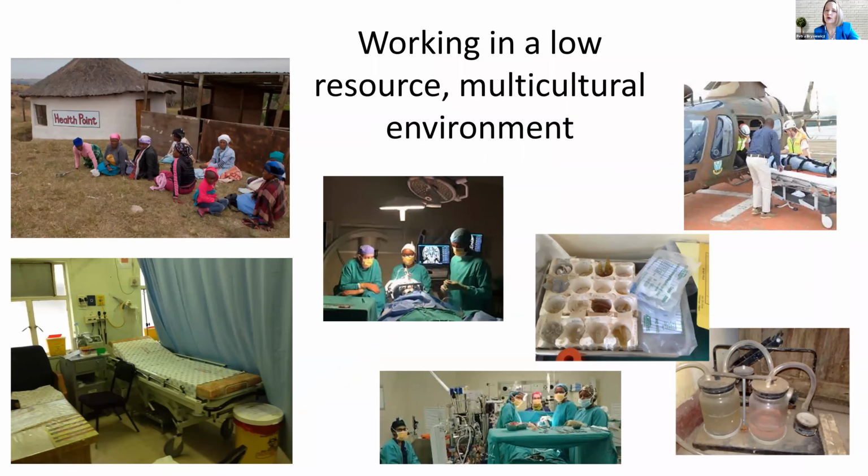This is also just to show you how some of our nurses are working in very rural, marginalized areas, maybe just a very simple kind of health clinic with very few resources. And then other nurses are working in highly sophisticated areas with all the top state-of-the-art technology that you would find anywhere in the world.